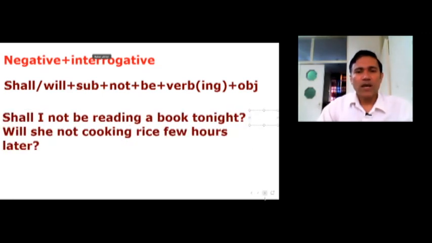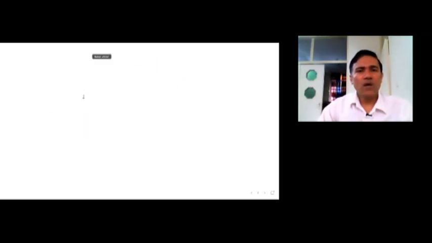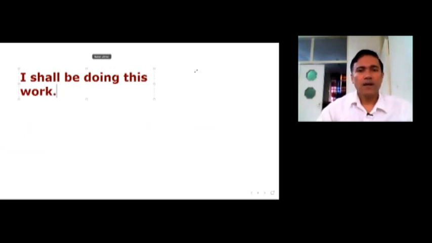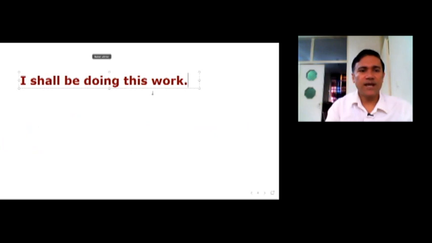So finally, let me write one sentence and transform it into the four forms of future continuous tense. I'm taking one simple sentence like I shall be doing this work. Okay. Then how to make this sentence negative?